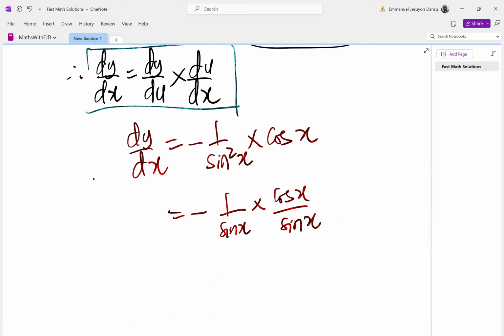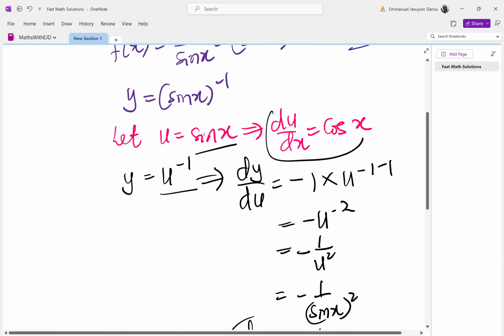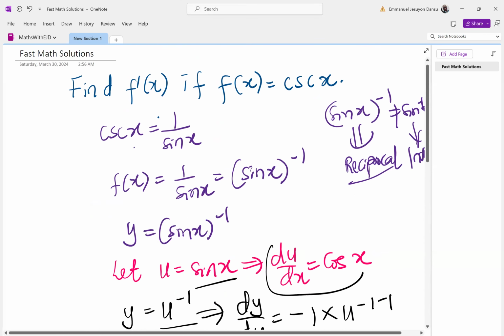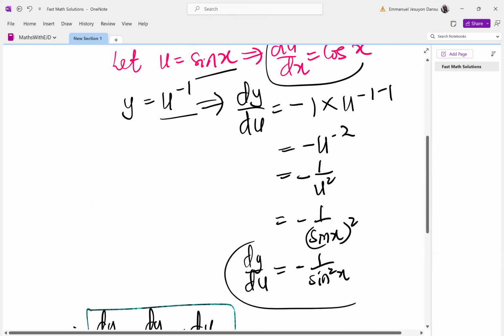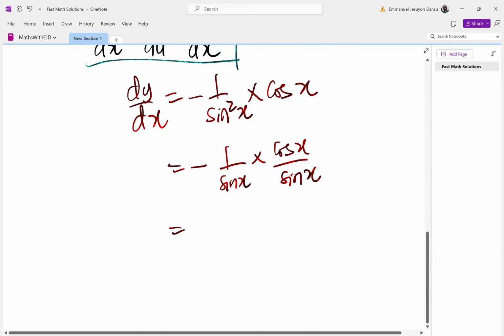You split the sine squared x into 2. And what is minus 1 over sine x? You remember that is where we came from, dealing with cosec, and we already found that cosec is the reciprocal of sine x.